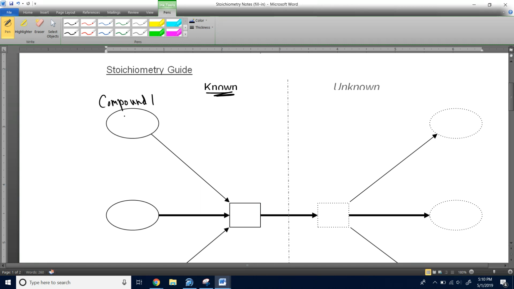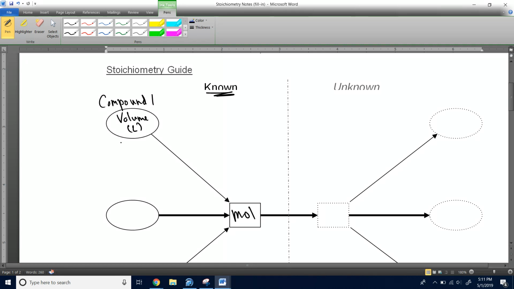So the volume is going to be the first unit that we work with. Each of these 3 left circles all want to go, as you can tell, to this middle box. This middle box is always going to be moles. We always want to convert to moles.